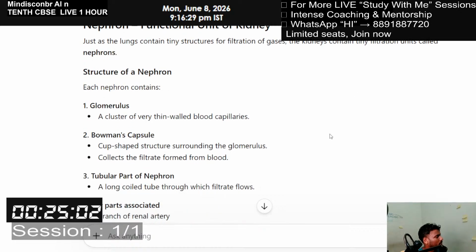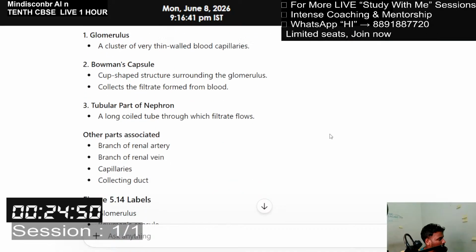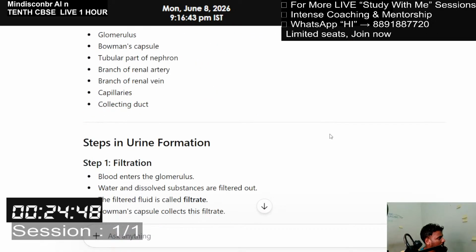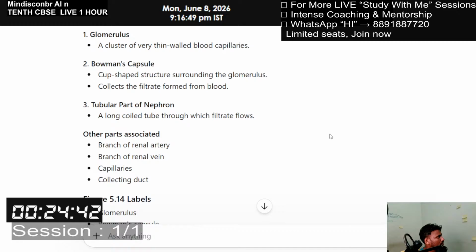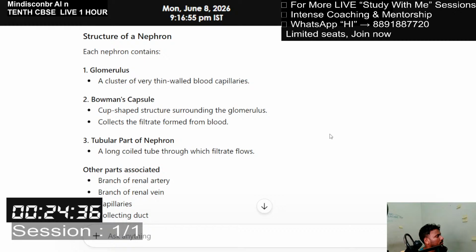Structure of a nephron. Each nephron contains glomerulus, a cluster of very thin-walled blood capillaries, Bowman's capsule, tubular part of nephron and other parts associated. The first part is glomerulus.